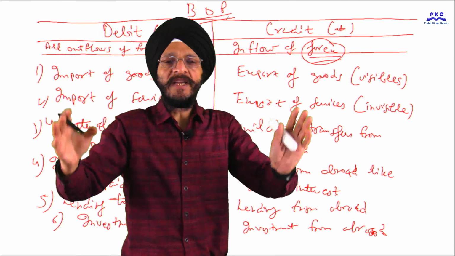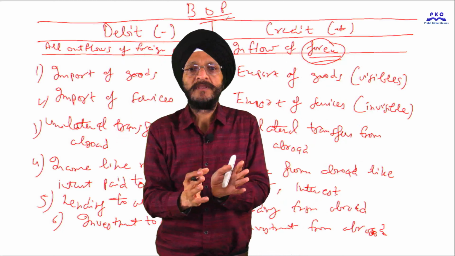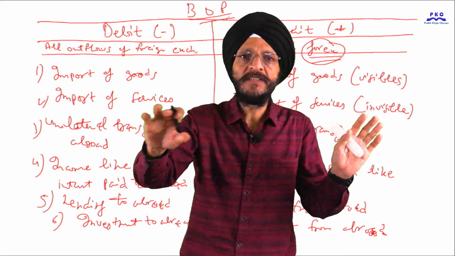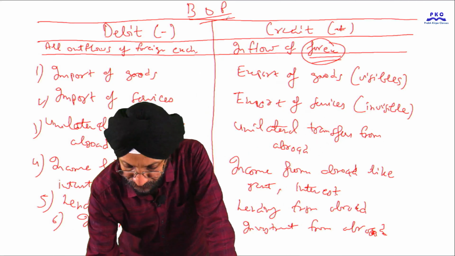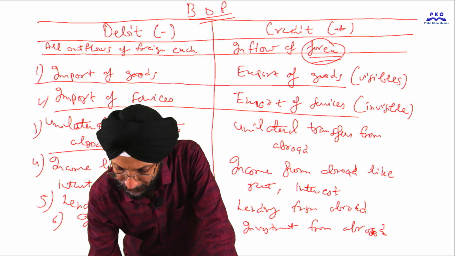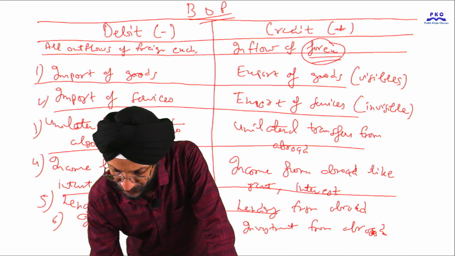This is a broad outlook of how the entries are made. There may be many more entries which may come in. We are here only discussing the broad view so that you can understand the format of the balance of payments.